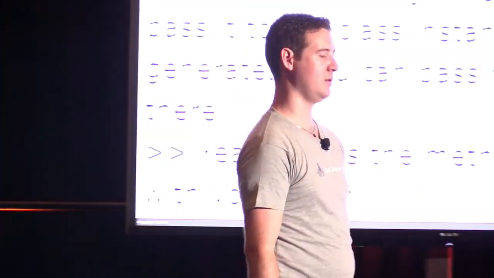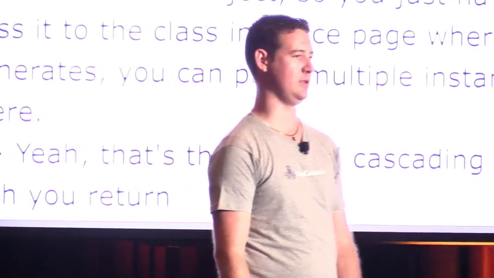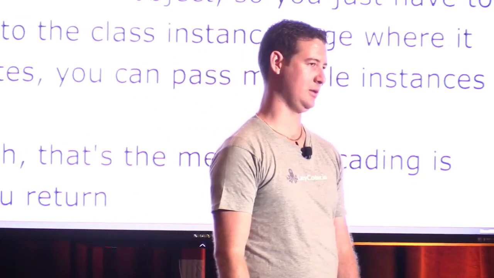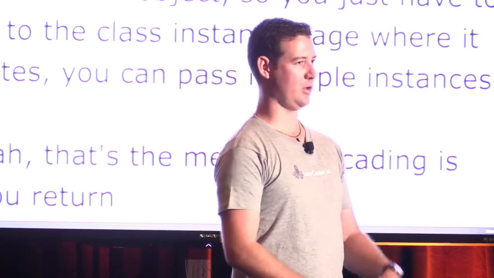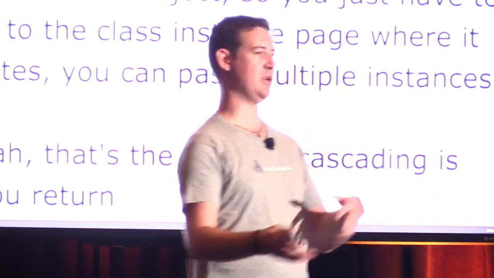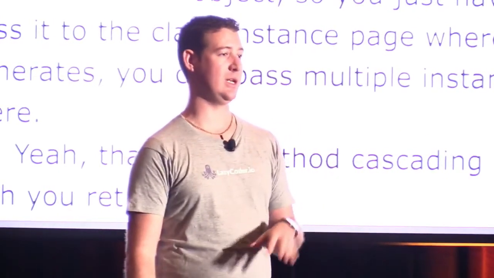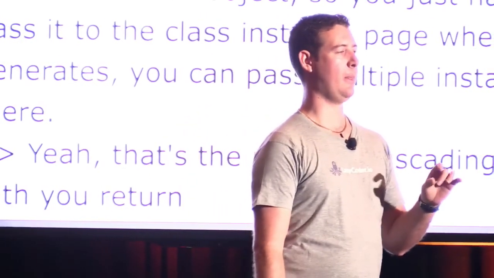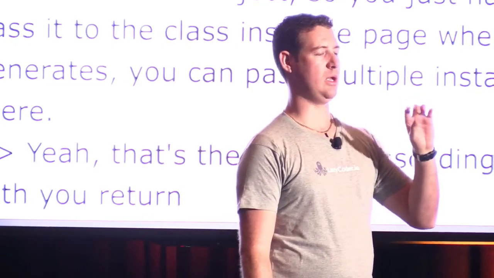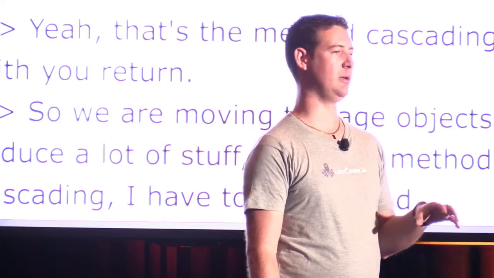So the first framework that I had was a whole lot of driver find this, driver find that, driver click this, driver click that. That was all the tests. So obviously moving to page objects reduced a whole lot. And then moving on to method chaining and method cascading, I'd have to go modify things whenever the login changed a little bit.